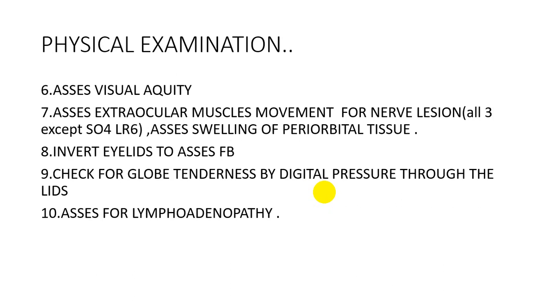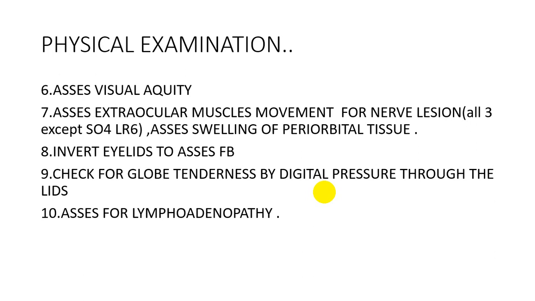You will assess visual acuity, and assess extraocular muscle movement for nerve lesions. Here I have one mnemonic. All the extraocular muscles are supplied by nerve 3 except SO4 and LR6.